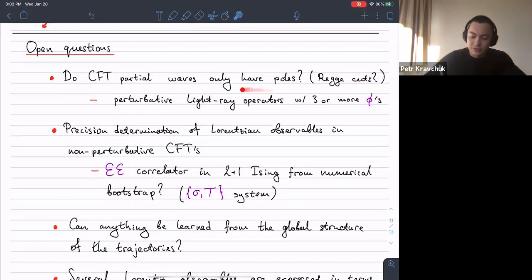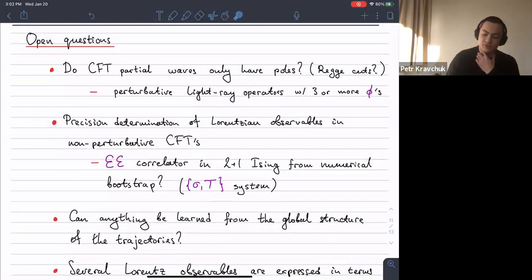For that, I think it would be interesting to study light-ray operators involving more powers of pi. Furthermore, an interesting question is to try to determine some Lorentzian observables in non-perturbative CFTs, such as Ising, to a precision similar to what we know about Euclidean observables.